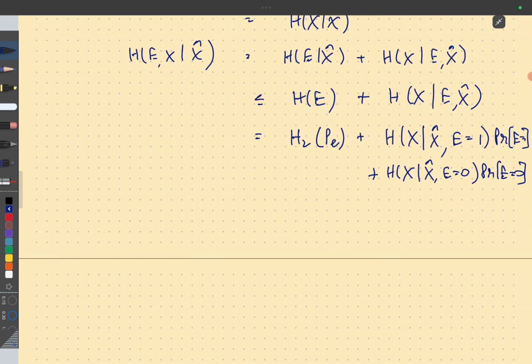It's 0. Why? If E is equal to 0, then no error has occurred, so x is equal to x hat. So the second quantity is 0. The first quantity is the conditional entropy of x given x hat and E equal to 1 times PE.